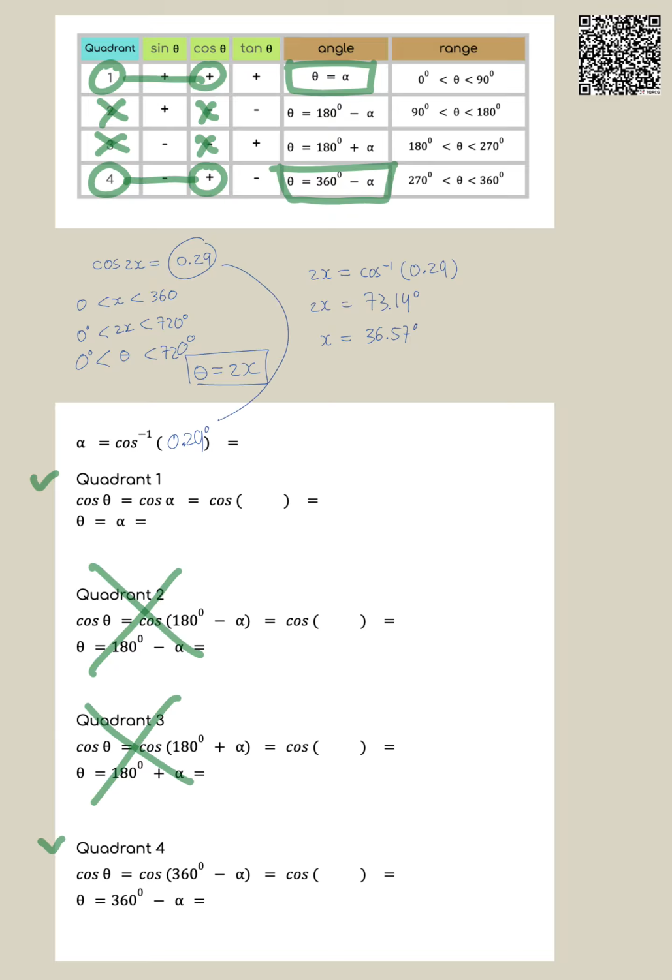Pressing the calculator, as we did earlier, inverse cosine 0.29 gives 73.14. Then we apply that for quadrant 1: theta equals alpha, which is 2x here, will be 73.14 degrees.